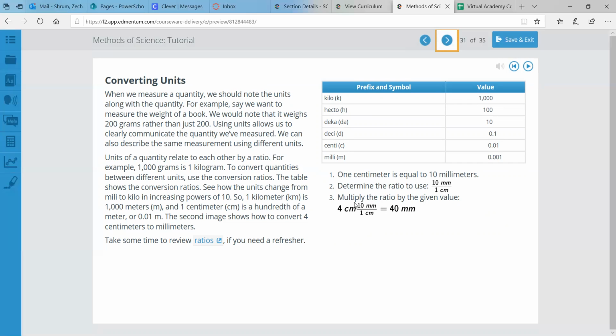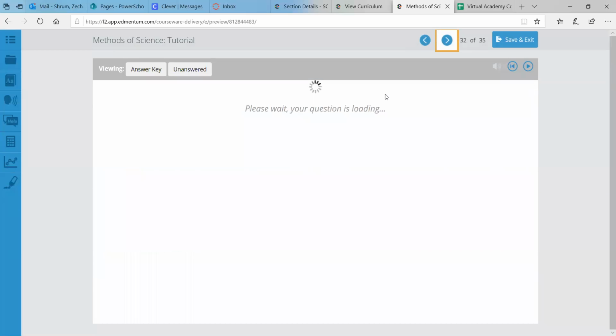And if you have 4 centimeters, you just multiply that by this ratio. Centimeter cancels out with this bottom centimeter, and you get 4 times 10, which is 40 millimeters. Okay? And we'll get into that more later. But converting units will become important.